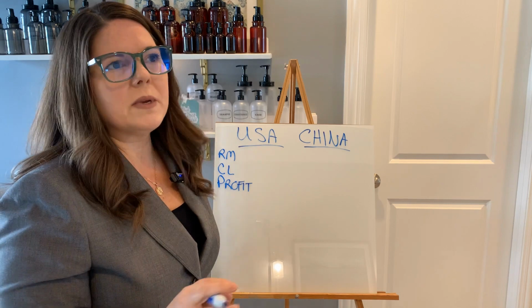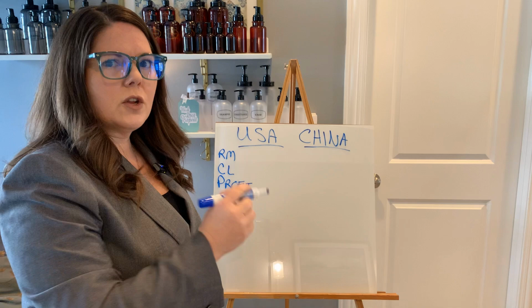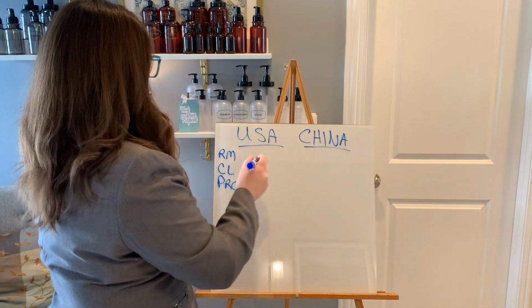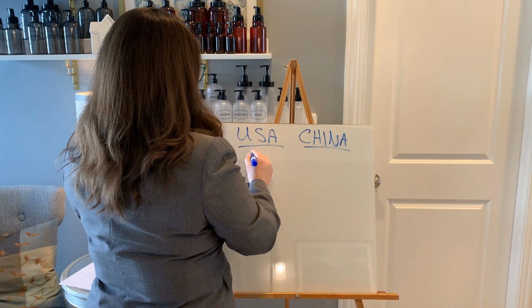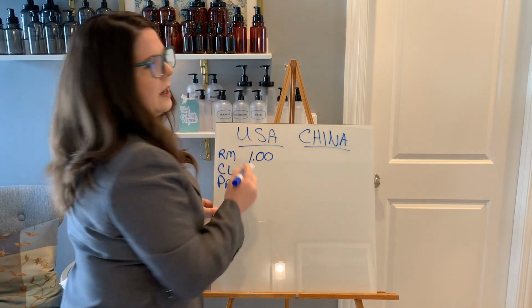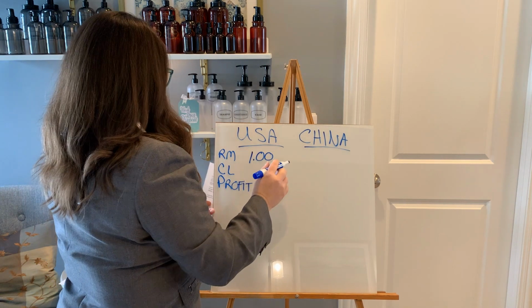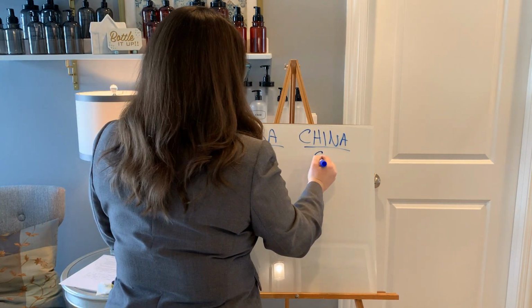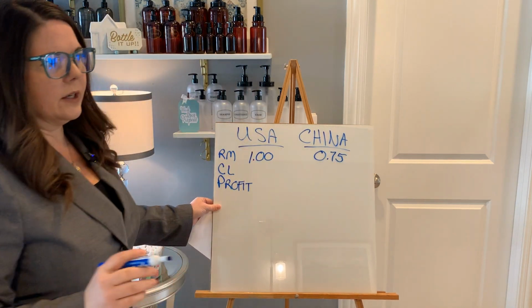All small businesses will be different. All goods will have different cost structures, but I'm just using this as an example. In the USA, I can expect to spend about $1 per unit in just raw materials. Now, in China, that same raw material will be about 75 cents, okay, for every dollar.